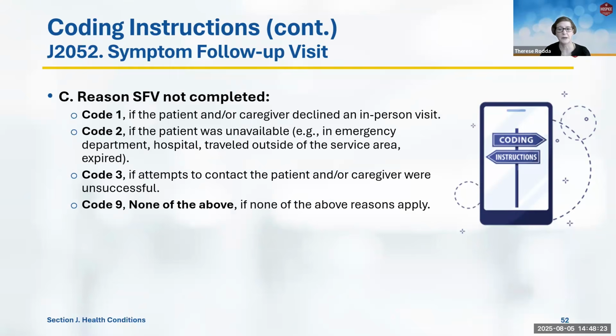Code 2, was the patient unavailable at the time the visit was scheduled or planned? Perhaps they were in the emergency department or the hospital or temporarily traveled outside of the hospice service area that day, or maybe they expired. Code 3, were the attempts to contact the patient or caregiver unsuccessful? And Code 9 is used if none of the reasons listed above apply.